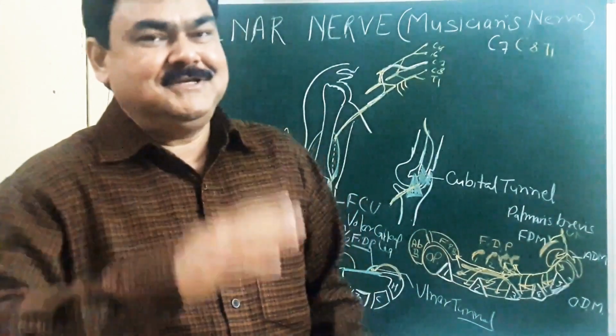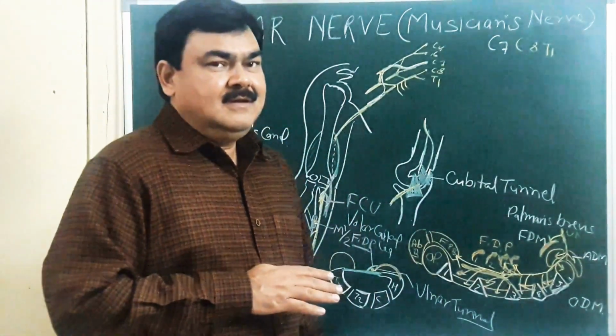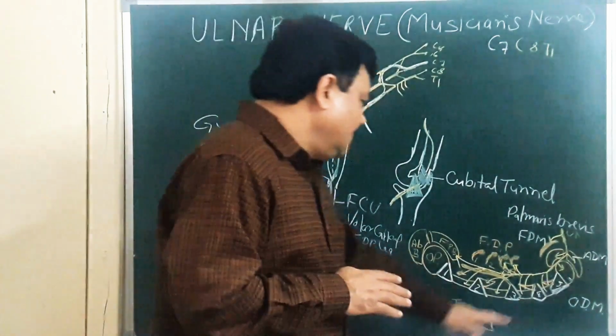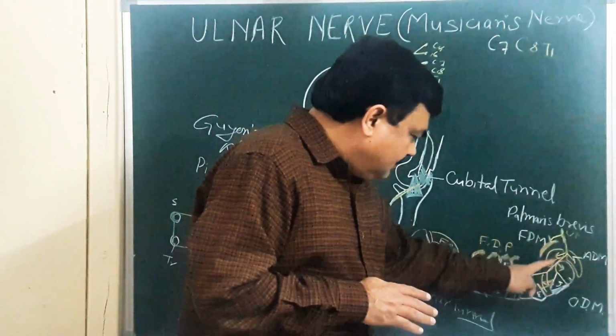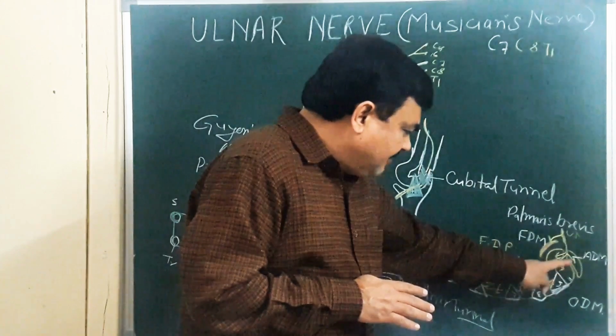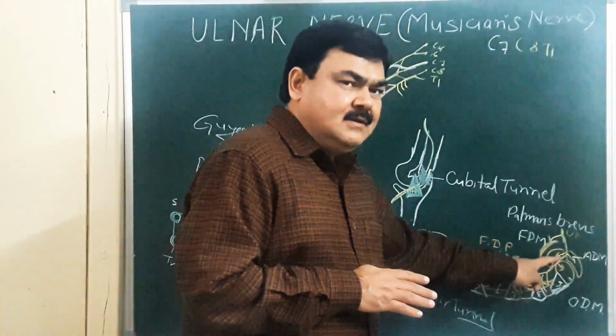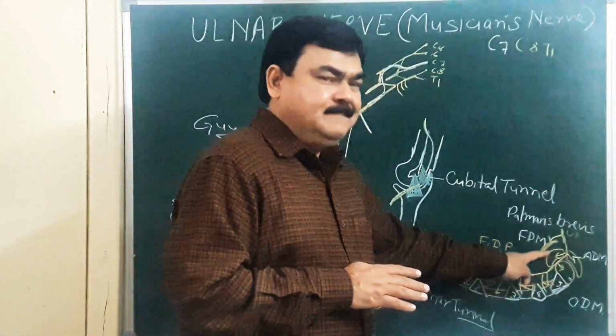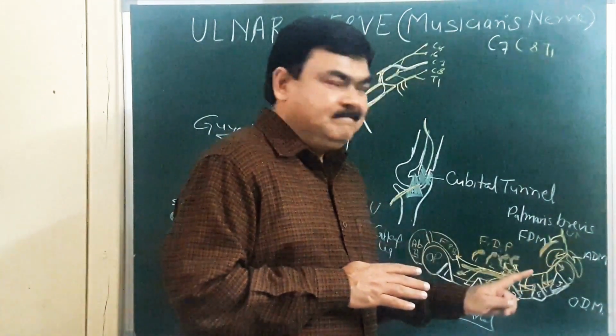All these muscles are paralyzed. Then what happens? This area becomes wasted. Hypothenar muscles become paralyzed and this area becomes wasted.